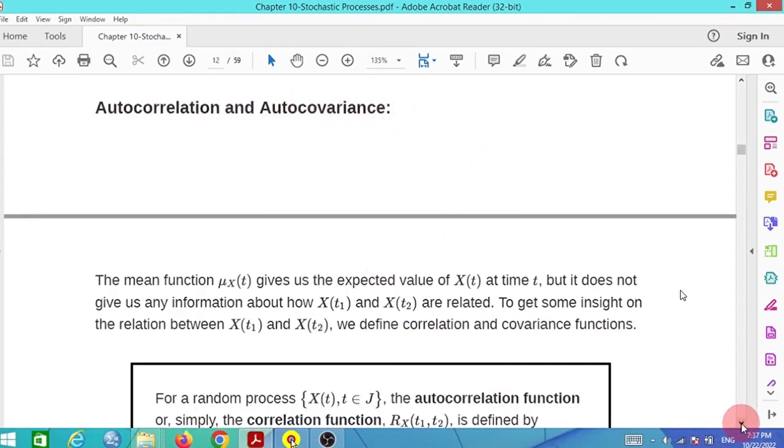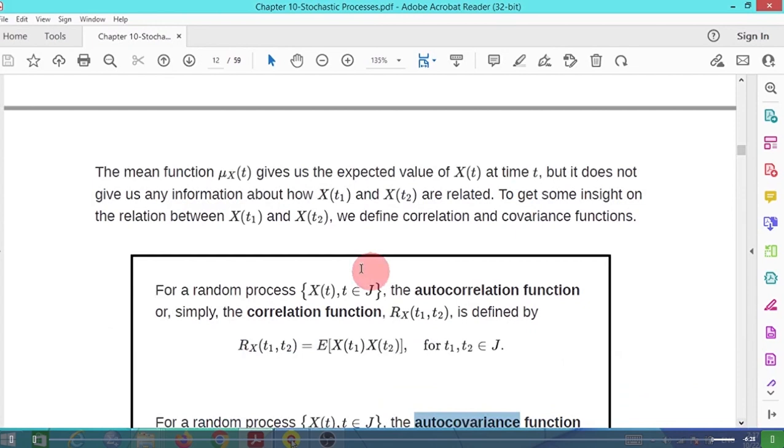Covariance. The mean function mu gives us the expected value of x at time t, but it does not give us any information about how xt1 and xt2 are related.